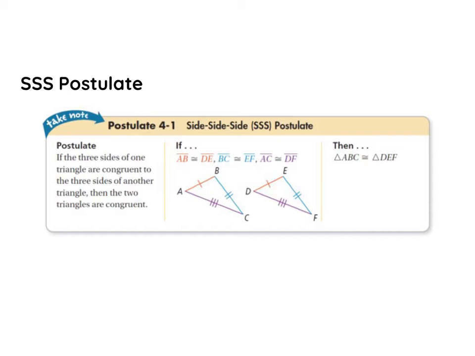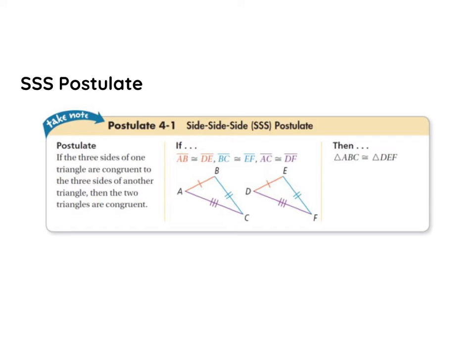Okay, so getting into these congruence postulates, these are really just shortcuts for us to find congruence. So instead of having to say all 3 sides and all 3 angles are congruent, this gives us a shortcut. So with side, side, side, or we're just going to write SSS, that tells us that if we know all 3 sides are congruent to all 3 sides of a second triangle, then we can say that the triangles are congruent.